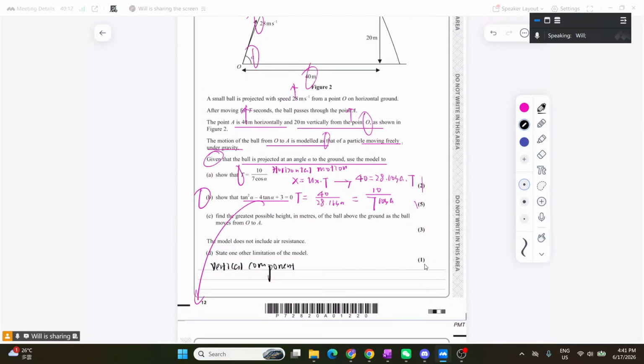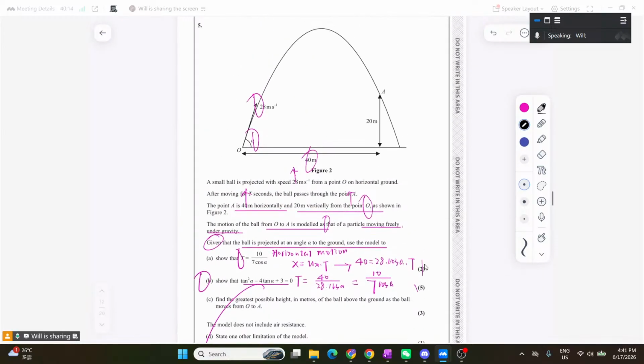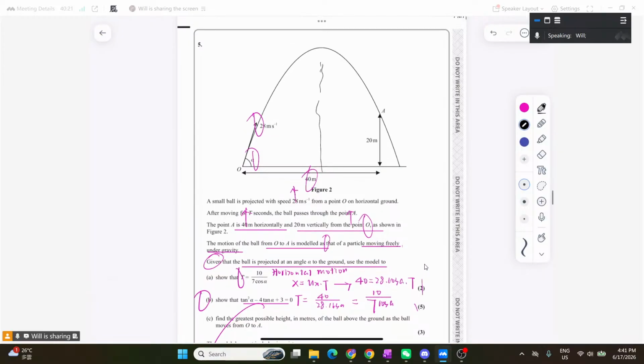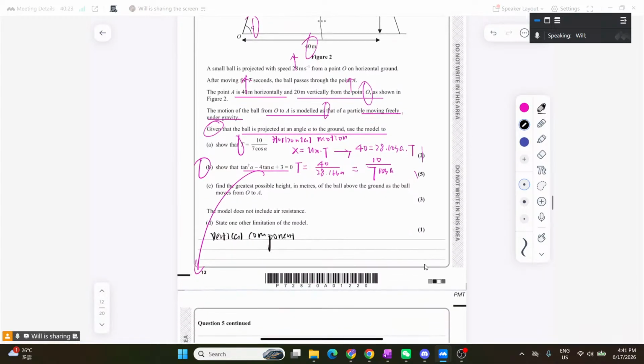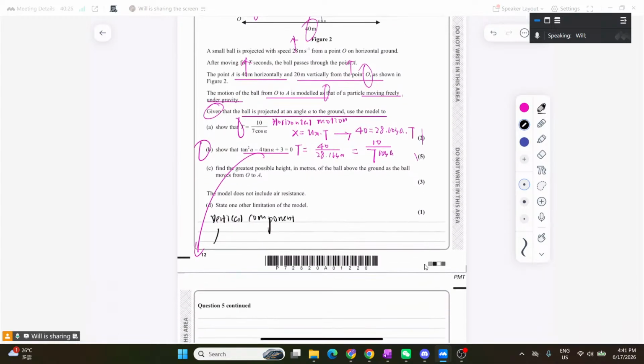We can use the formula, because in the vertical direction we have the equation y equals u1 times t minus 1/2 g t squared. Understand?